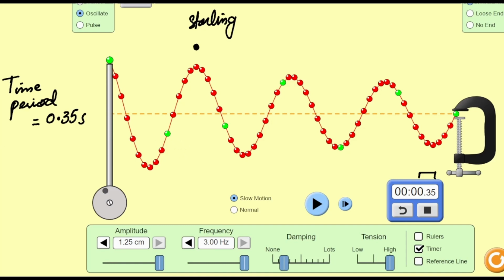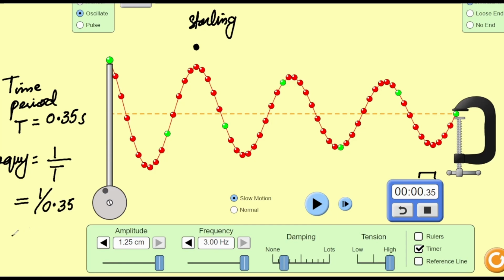Yes. And if I had to find the frequency, what would I have to do? 1 divided by t, and I've already found the t, so that would be 1 divided by 0.35.